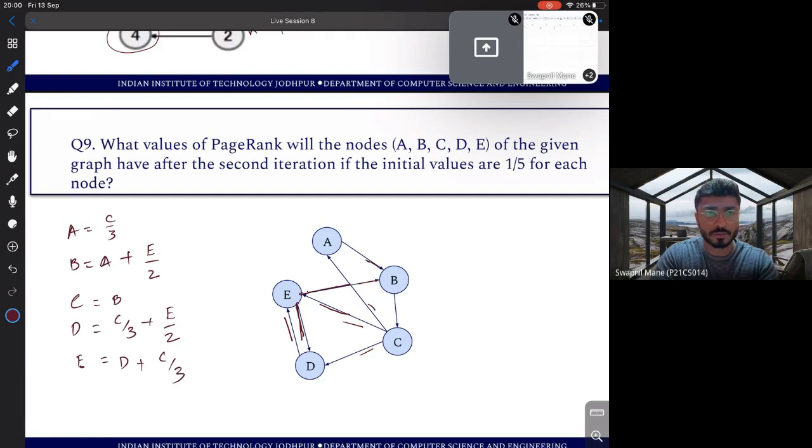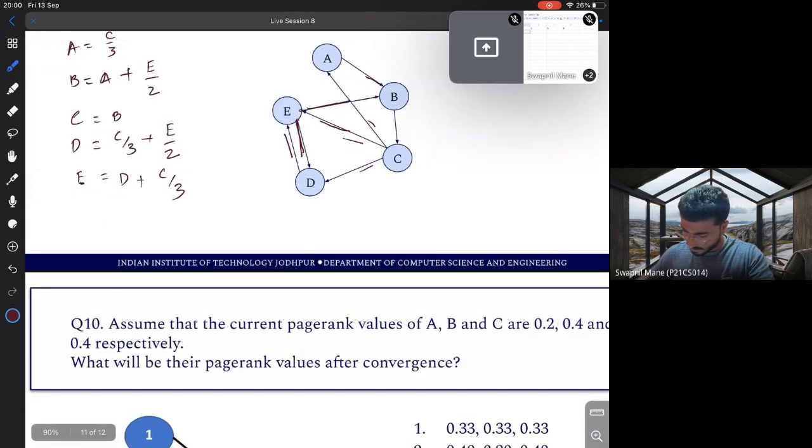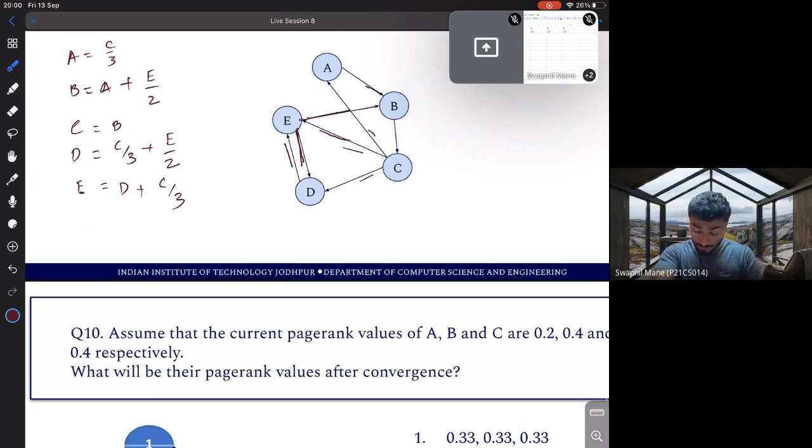Let me zoom in more. Okay, maybe this is visible too. So this value is the same for all the nodes, so I have dragged it across. Then how is the A value updated?